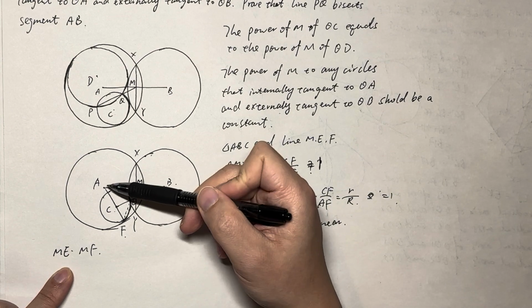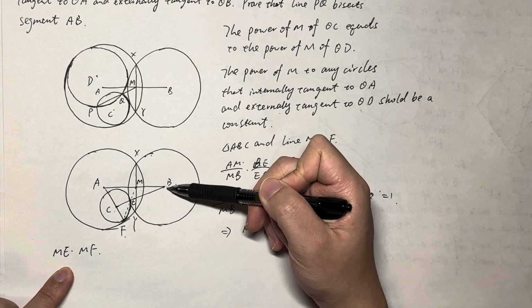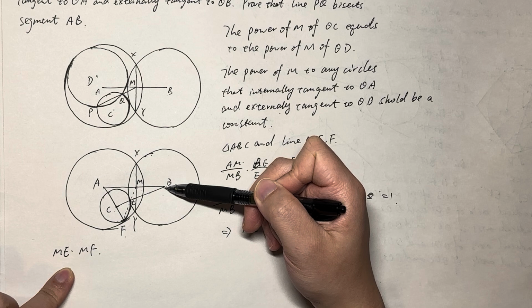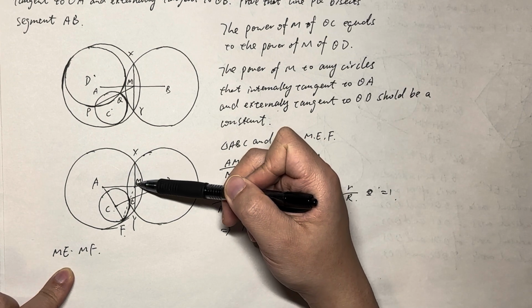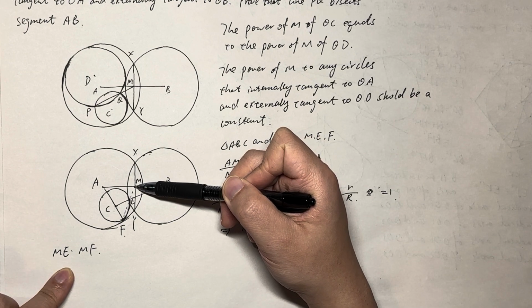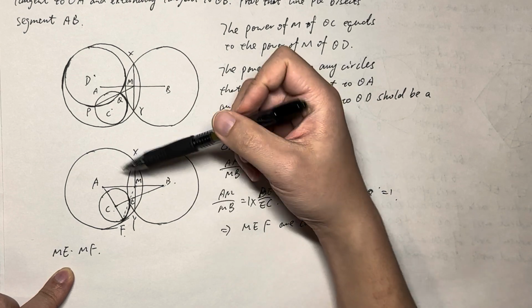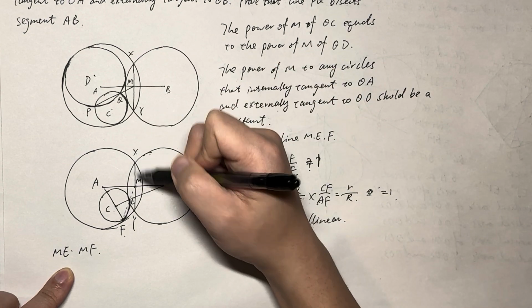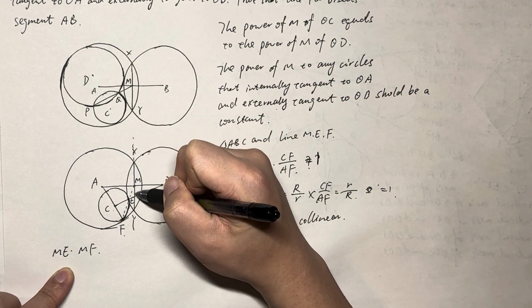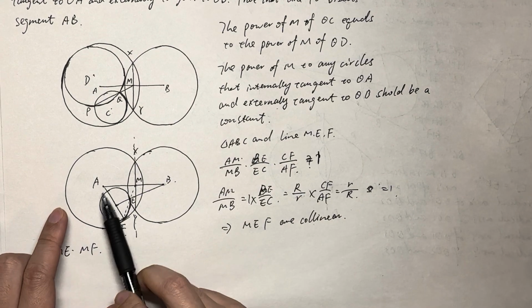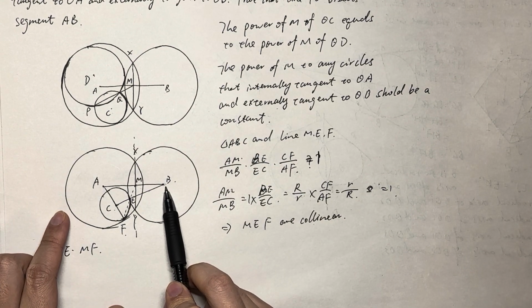And we already know that circle A and circle B are equal, and M is a midpoint, which means that XY is a symmetrical line of circle A and circle B, right?